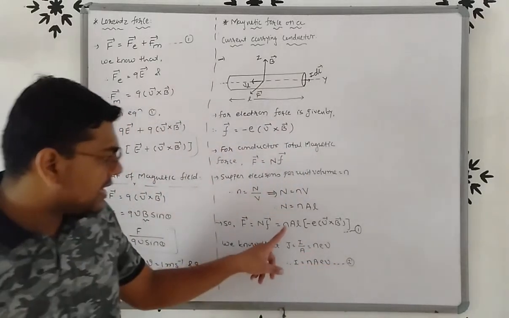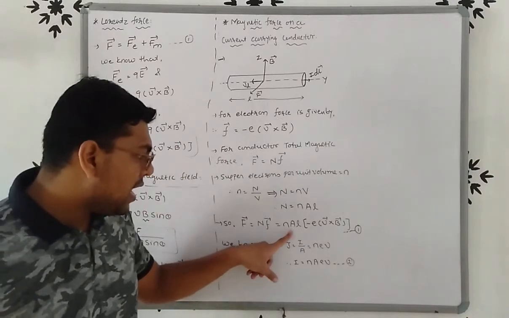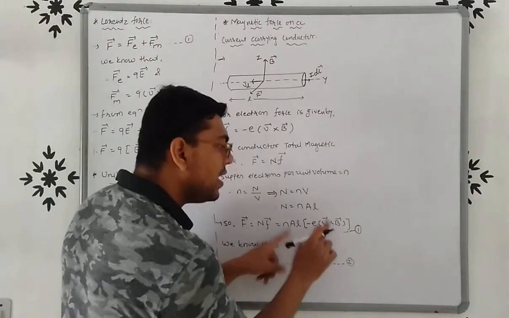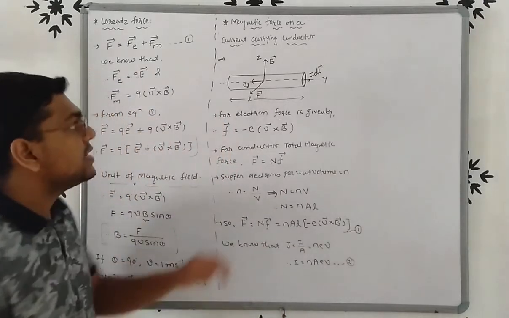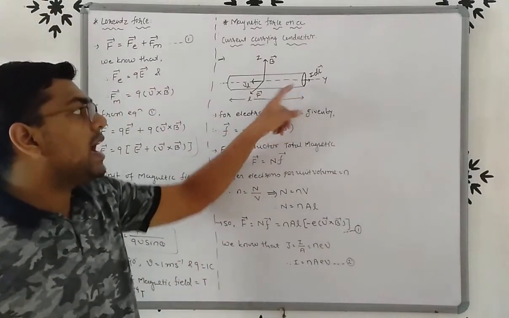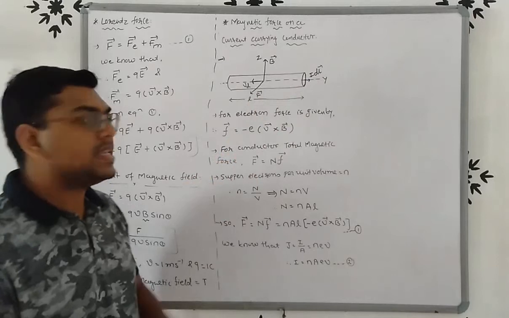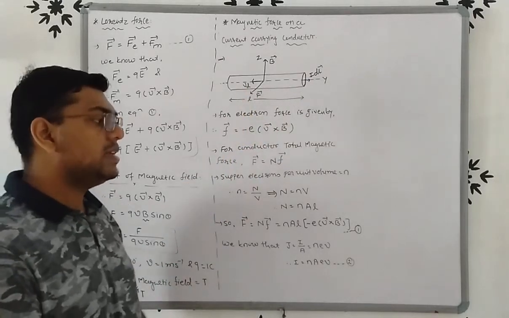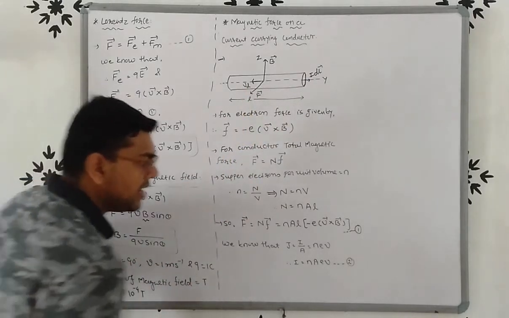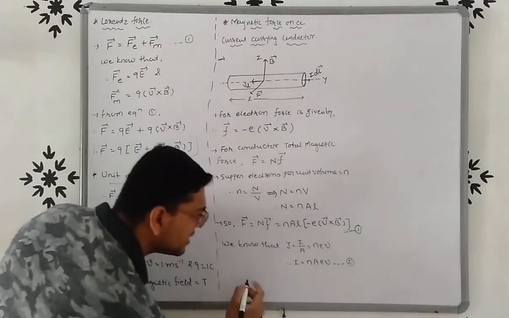Now see here friends, n A e v, right? So here friends, see, the current element IdL is on right hand side. The velocity is on left hand side, right? So here we can easily neglect this minus.